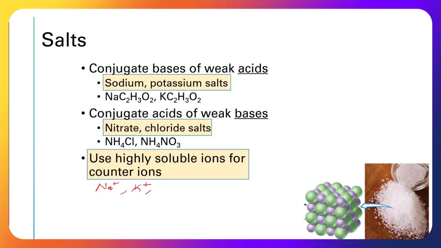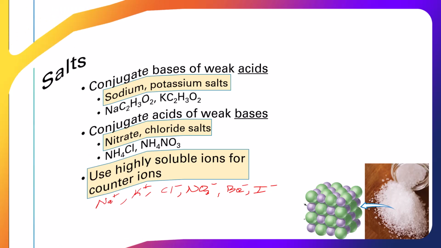These are most typical. On the anion side, chloride anion, nitrate anion. You could have bromide or iodide ion. All those group 7s are good counter anions. Okay, and you could use any of the alkali metal cations.